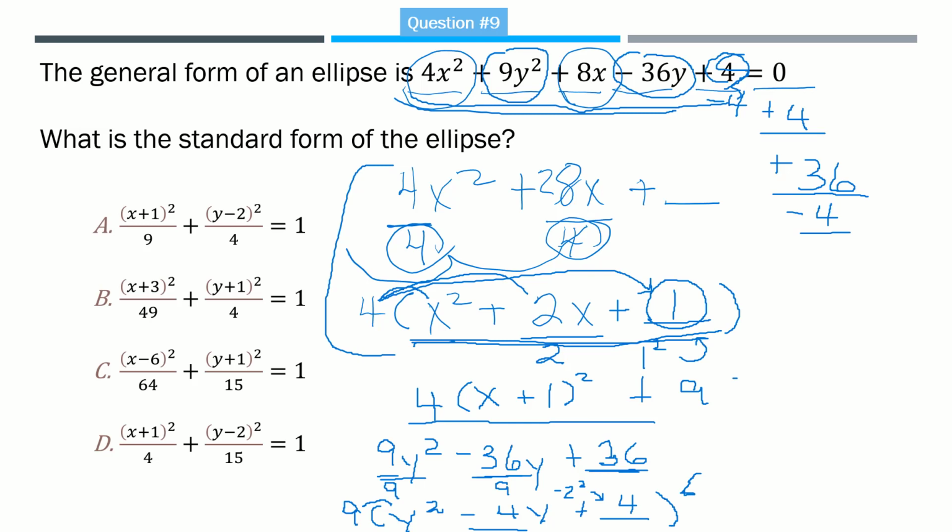Let me factor that back out again. y minus 2 squared equals, now all I have to do is add these numbers up. 4 plus 36 minus 4 is 36.